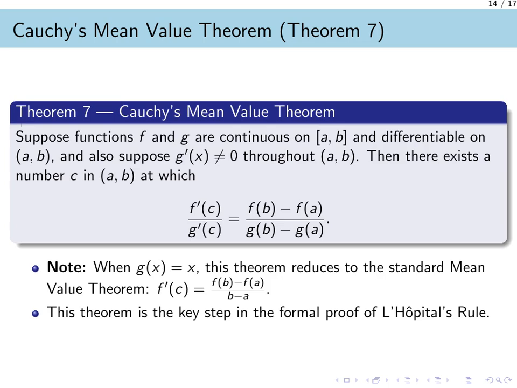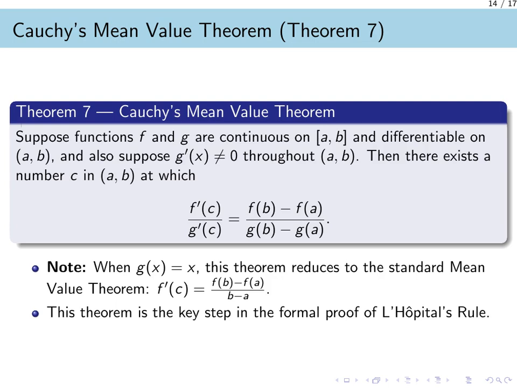The theorem then guarantees that there is some point c within the interval where the ratio of the derivatives, f prime of c over g prime of c, exactly equals the ratio of the total changes in the functions, which is the quantity f of b minus f of a, all divided by the quantity g of b minus g of a.